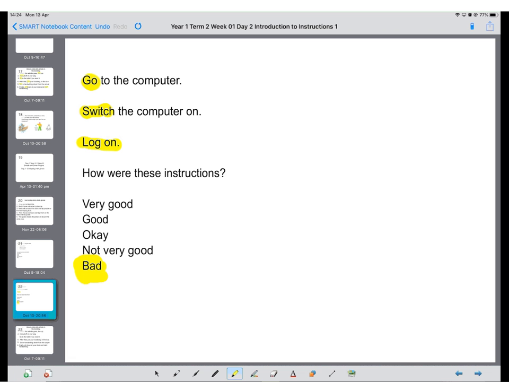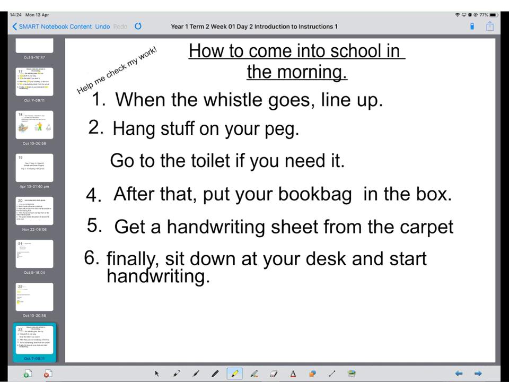So the last thing I want you to look at is an example of a set of instructions. I want you to think about what might be missing from it. 1, when the whistle goes, line up. 2, hang your stuff on the peg. Go to the toilet if you need to.